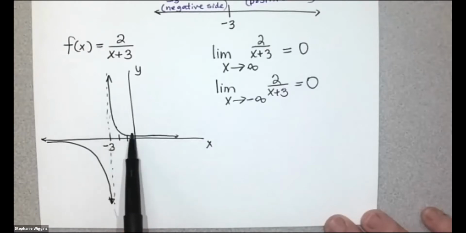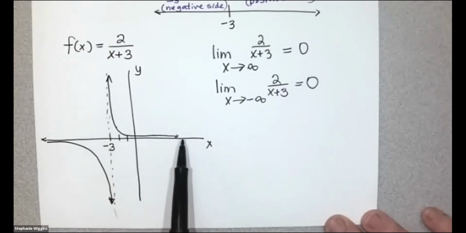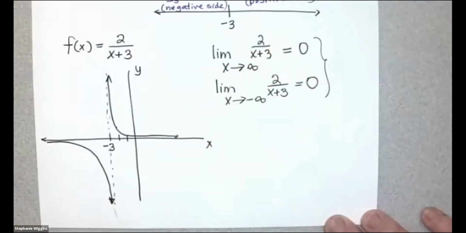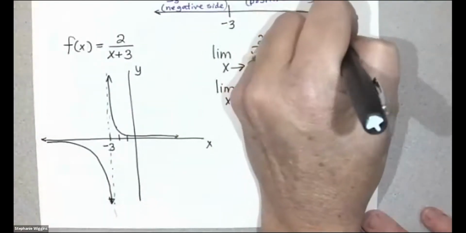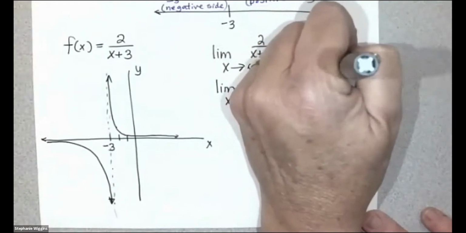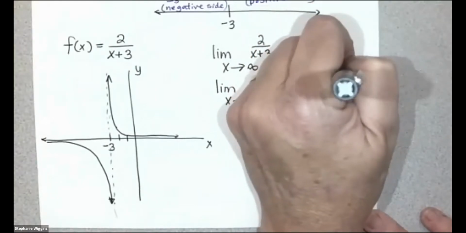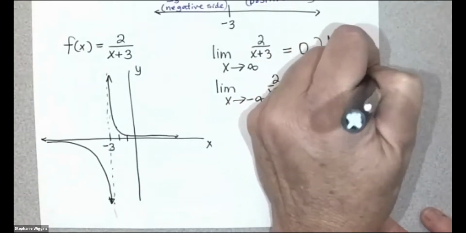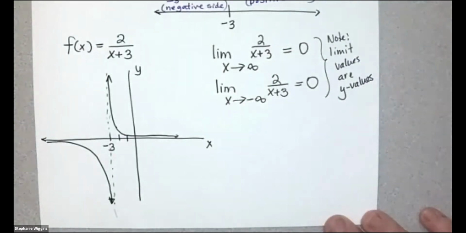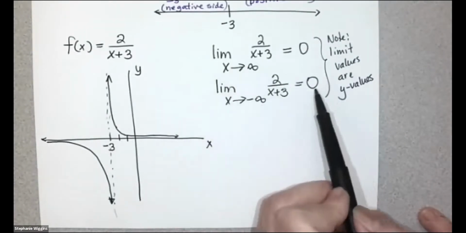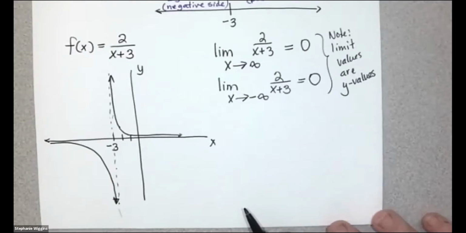And here on the right, the y values are getting close to 0. So the limit values are y values. Always remind yourself of that note. Limit values are y values. Okay, so these are the x values and these are the y values.